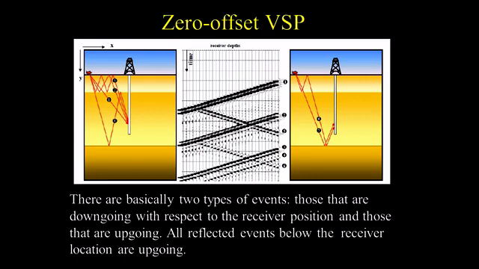There are basically 2 types of events, those that are downgoing with respect to the receiver position and those that are upgoing. All reflected events below the receiver location are upgoing. The classical objective of seismic imaging of VSP data is to image upgoing energy. Notice that the downgoing wave field contains all direct waves and some multiples.